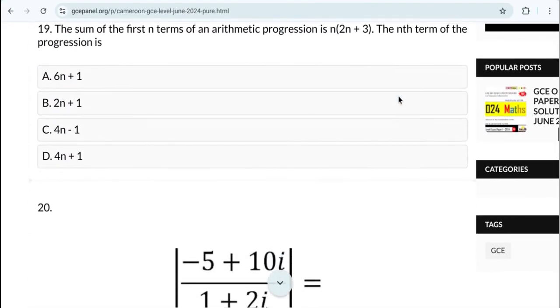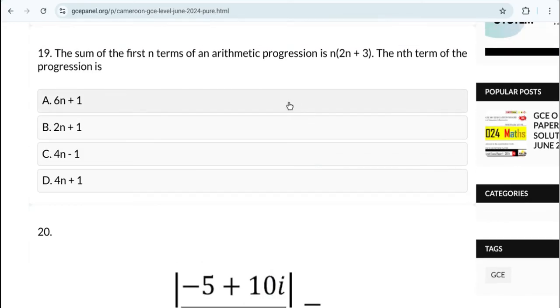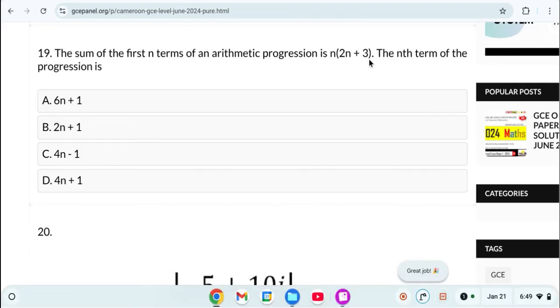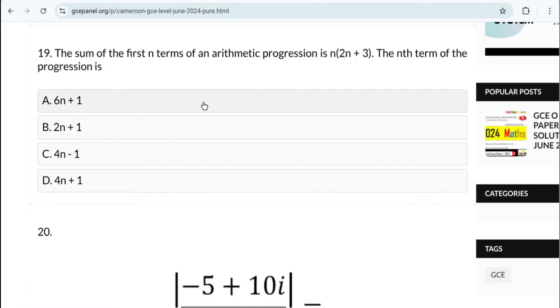Question 19. The sum of the first n terms of an AP is n into 2n plus 3. The nth term of the AP is... Alright, let me check this out.